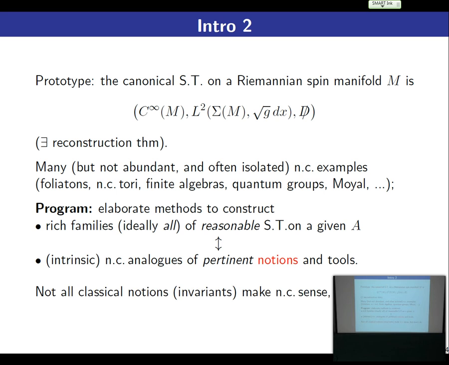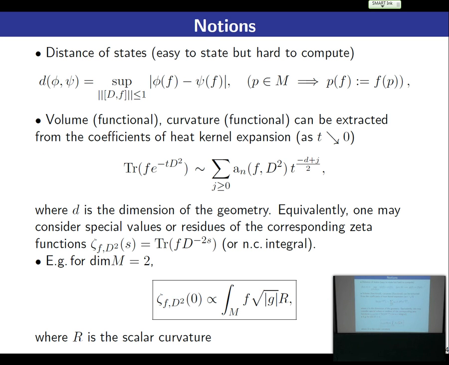And what the reasonable spectral triples are depends on which notions you would like to have on this spectral triple, and some of them will appear here, okay? So, not all classical notions we know from usual Riemannian spin geometry make sense, but many do.